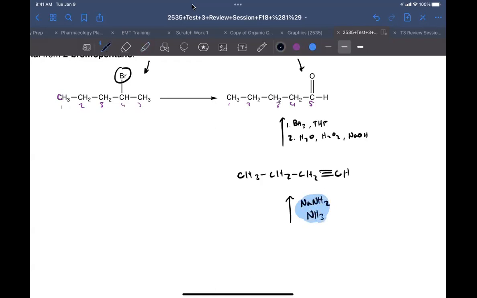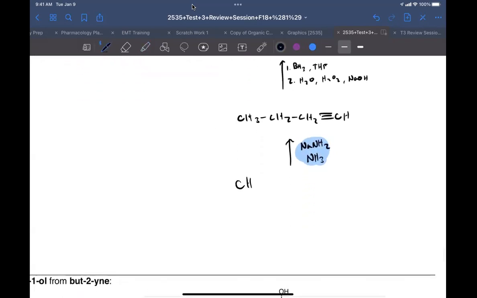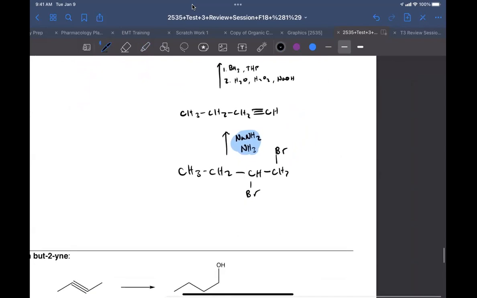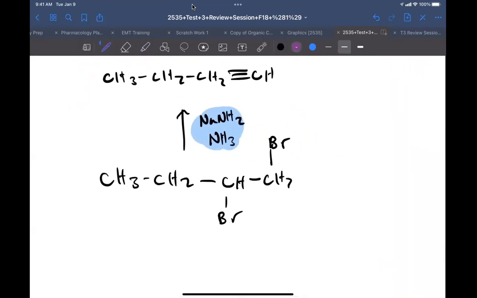How do you create an alkyne? Well, CH3, CH2, CH2, Br, Br. If you have a vicinal halogen deal, your freakishly small strong base will just eliminate these and eliminate the hydrogens and create that triple bond.